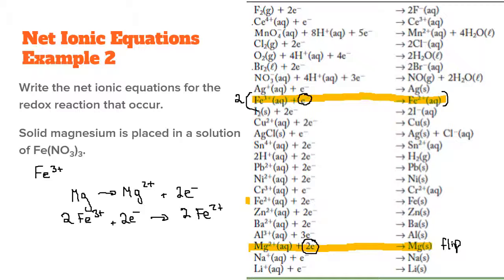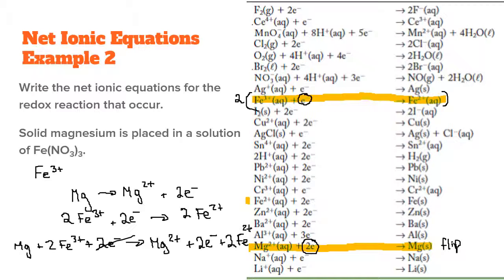Now if we combine all the reactants and all the products, we've got solid magnesium, 2 iron 3+ ions, and 2 electrons, producing magnesium ions plus 2 electrons plus 2 iron 2+ ions.